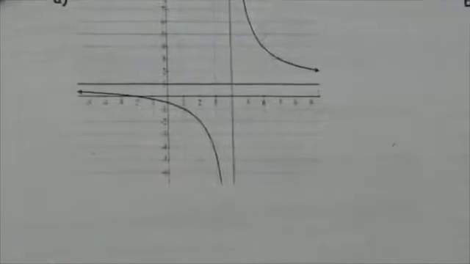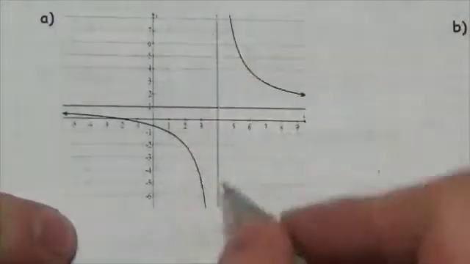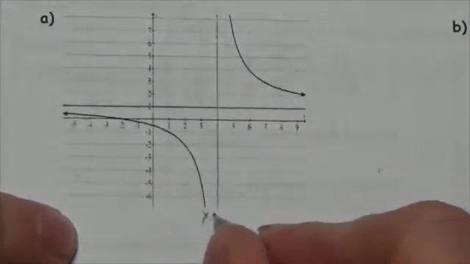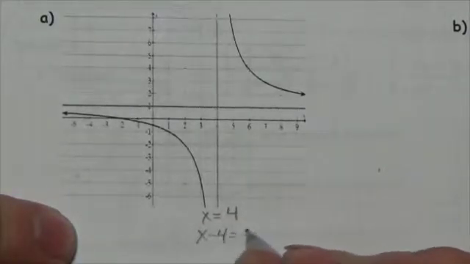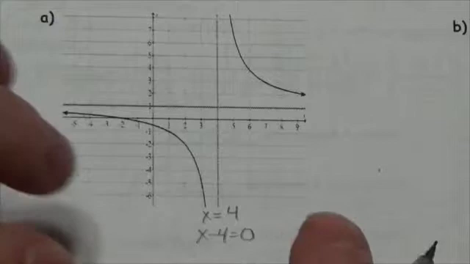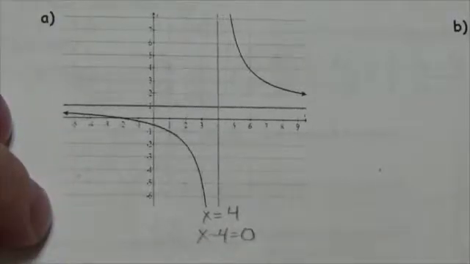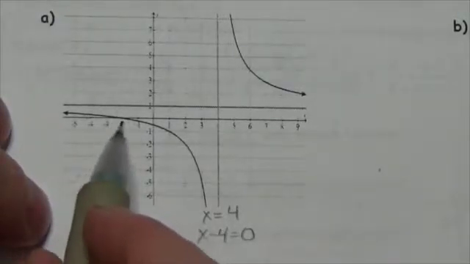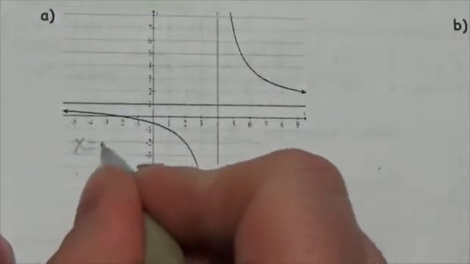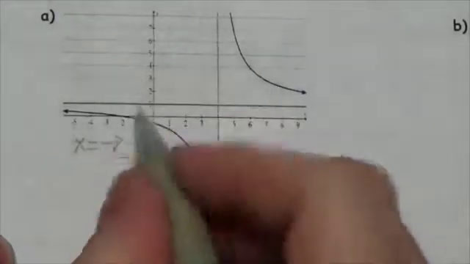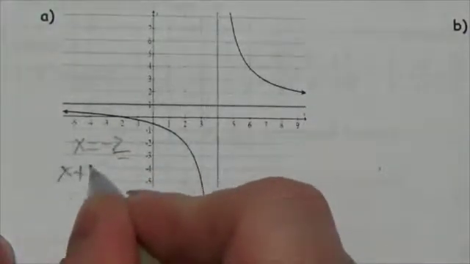So let's take a quick look. I've got a vertical asymptote here at x equals 4. So my denominator is going to be x minus 4, because when that goes to 0, that's my vertical asymptote. My x-intercept here appears to be negative 2. X equals negative 2, which means the numerator must be x plus 2.